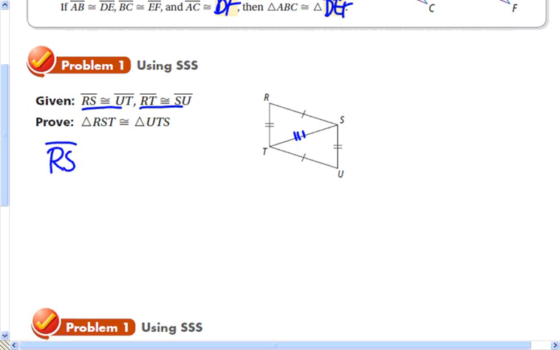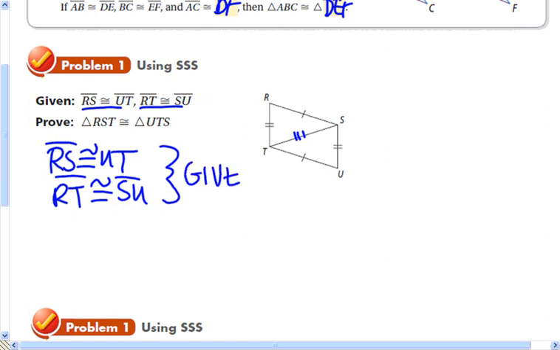RS is congruent to UP. RT is congruent to SU. Those are given. Segment TS is congruent to segment TS, and that's the reflexive property of congruence.